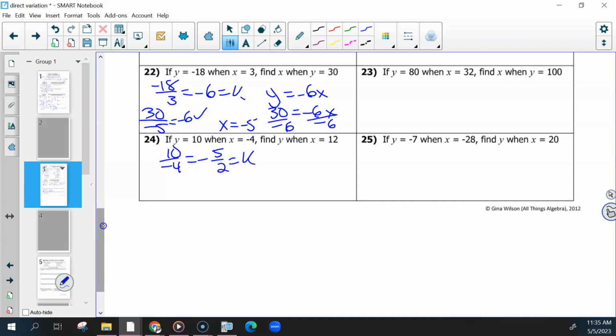So how would we write that equation? Y equals -5/2x.